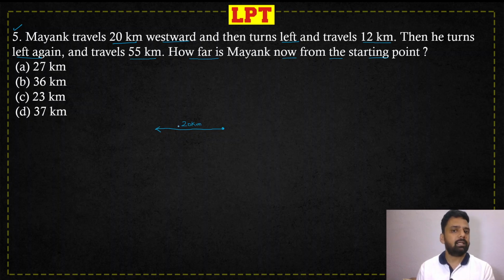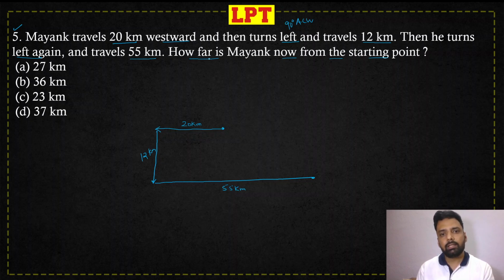And then he turns left. When I say left, it is 90 degrees anti-clockwise, and he travels 12 kilometers. Then he turns left again, which means again 90 degrees anti-clockwise. He's traveling 55 kilometers. How far is he from the starting point?